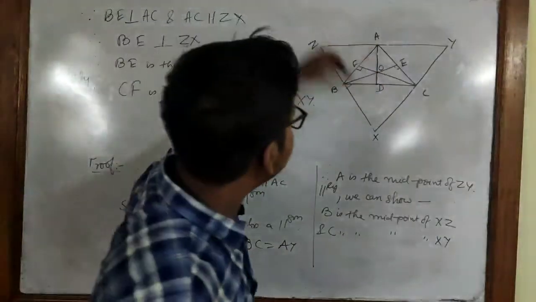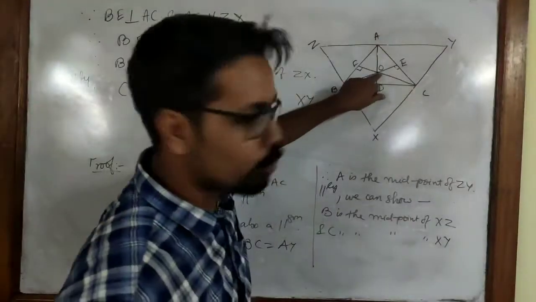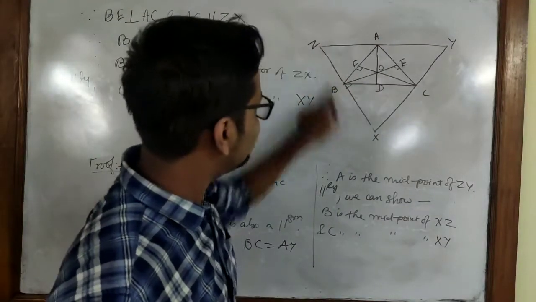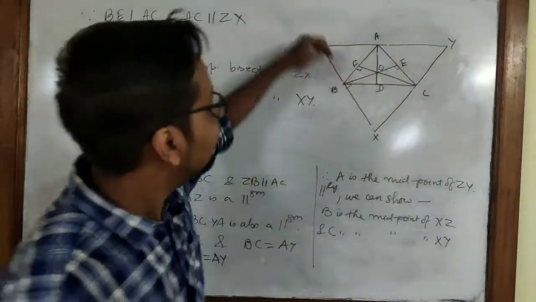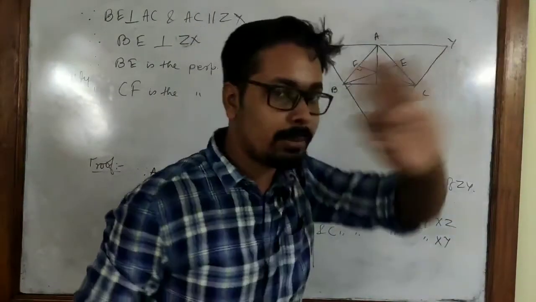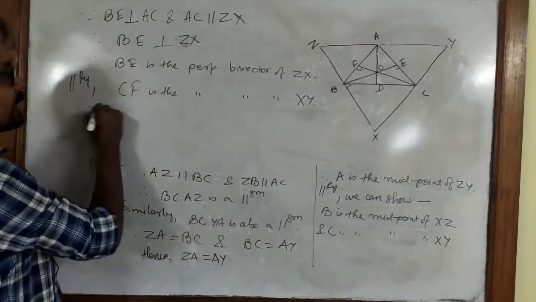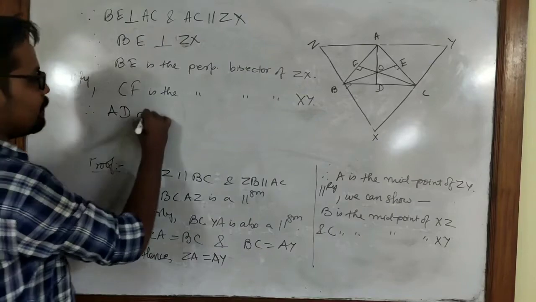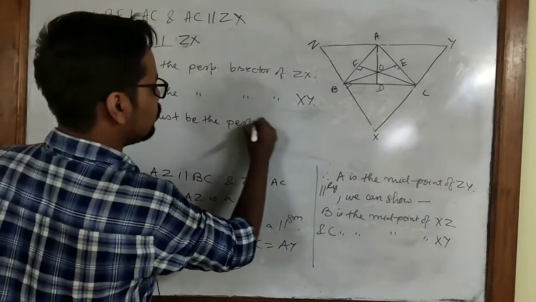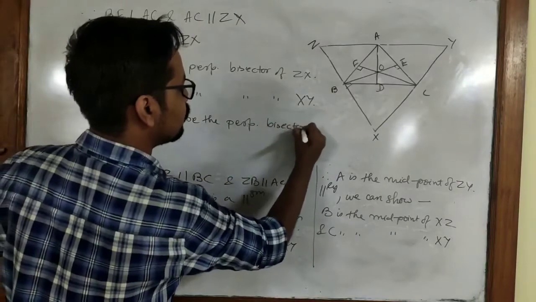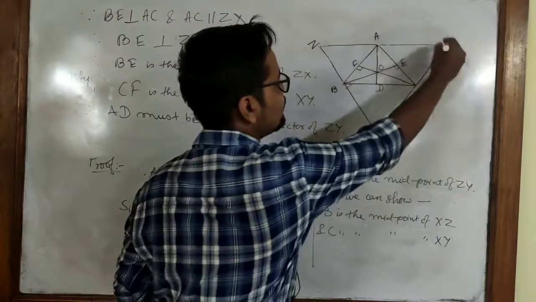That means AD is the perpendicular bisector of ZY, because they must be concurrent. As AD is meeting at O and these are the perpendicular bisectors of these two sides of the triangle, AD must also be the perpendicular bisector of ZY.